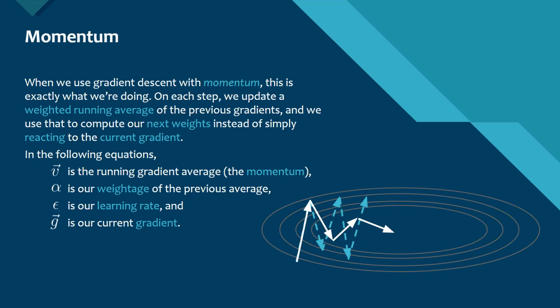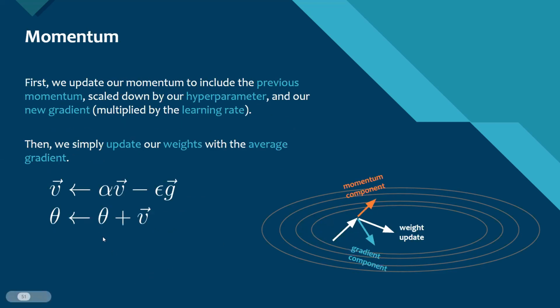Epsilon is our learning rate, which we always had, and then we also have a current gradient. So our equation would end up looking like this. We update our momentum by taking the previous momentum times our alpha, and adding the current gradient term. This part is still our traditional gradient descent, we just combine it in this momentum equation.